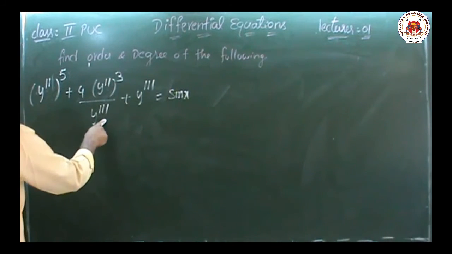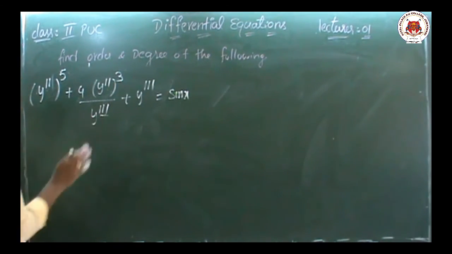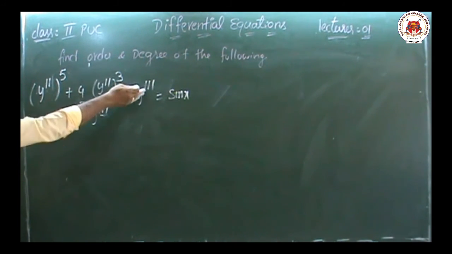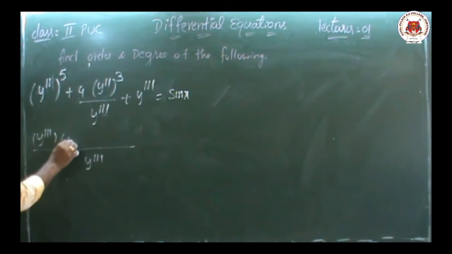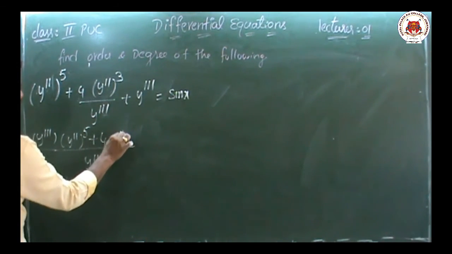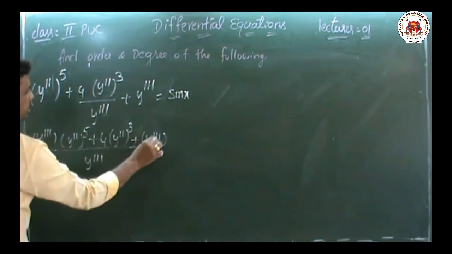Order means the highest term differentiated, 3 times. We can define that, but the only problem is the degree. First of all, both terms are there, so we can't leave y triple dash in the denominator. First we will simplify, which means we take the LCM. The LCM is y triple dash. Then y triple dash into (y double dash) whole to the power of 5 plus 4 into (y double dash) whole cube plus (y triple dash) whole square is equal to sin x into y triple dash.